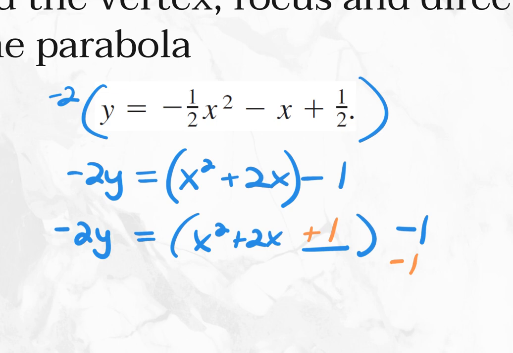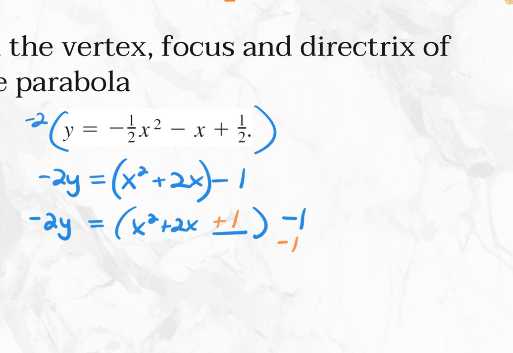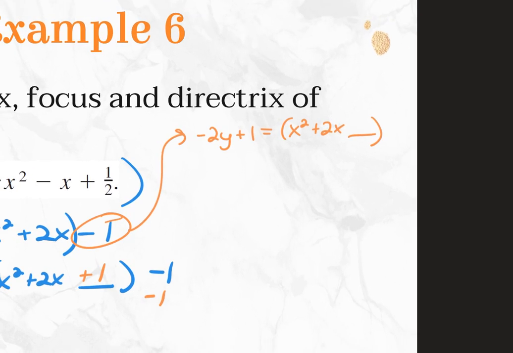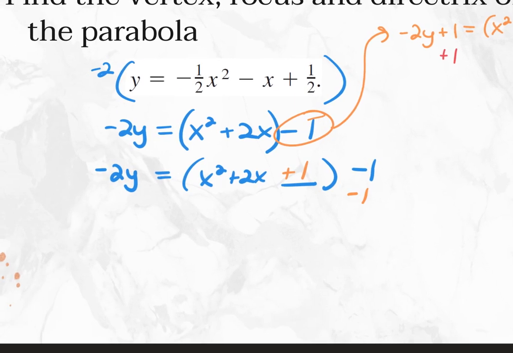So if I moved the 1 to the other side from the beginning, I would have added to both sides. But if you have the 1 back on your side, you have to subtract 1 from that one and add 1 to the other side.